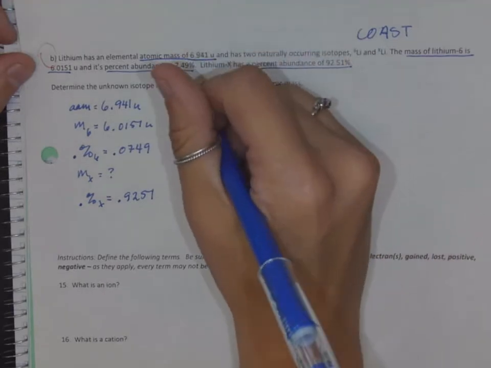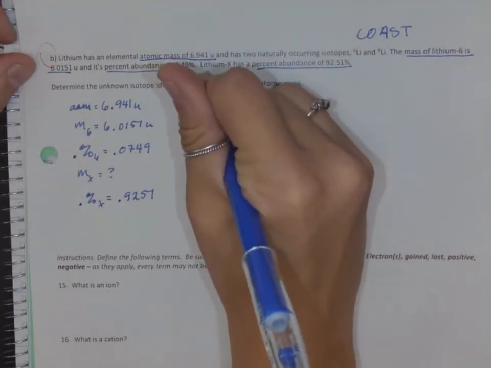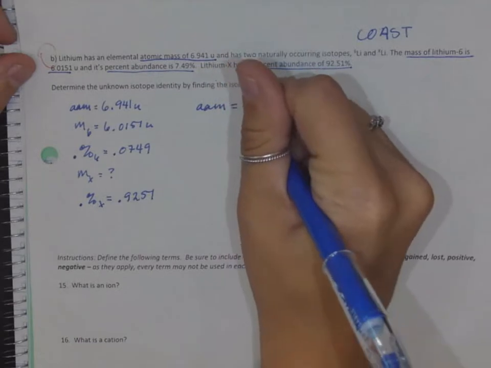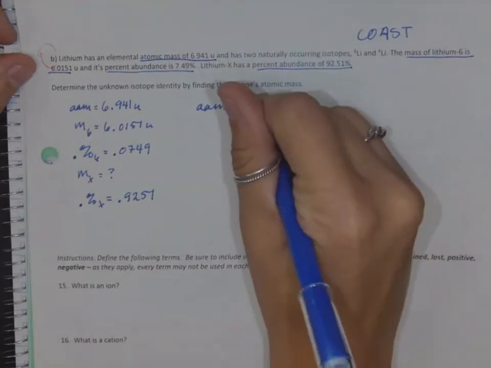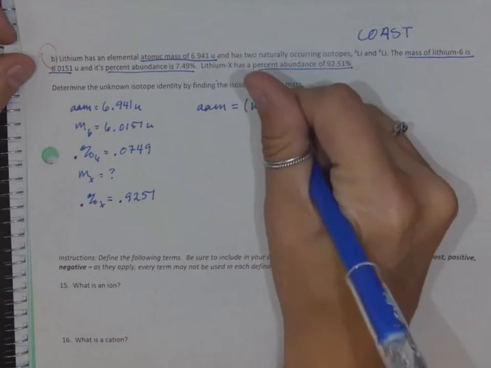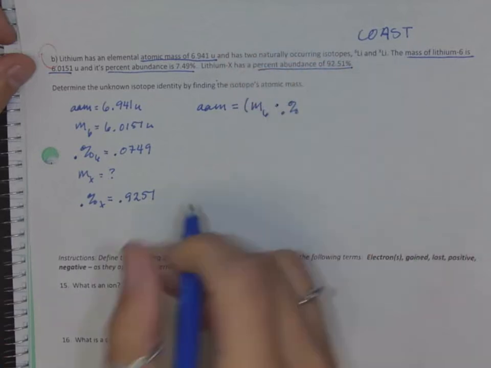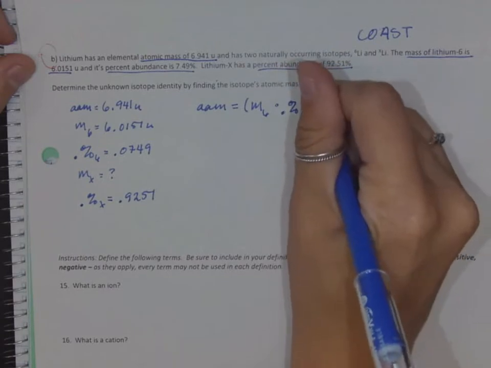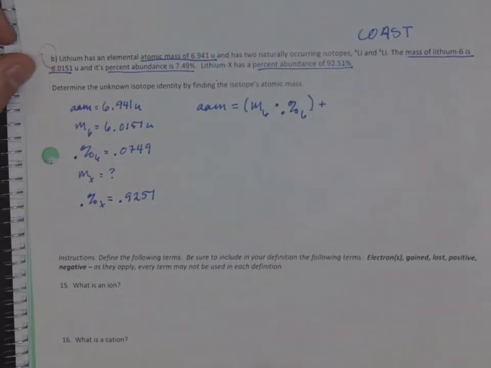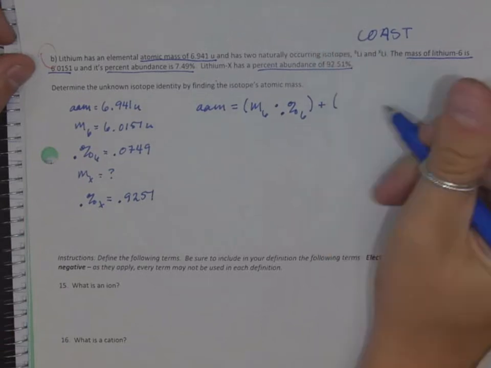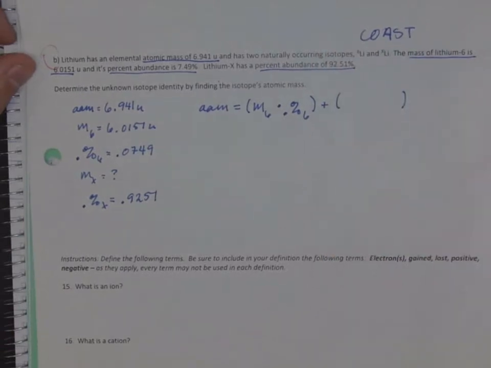equation. So you're going to need to know that average atomic mass is going to equal the mass of one of the isotopes, like the mass of 6, multiplied by the decimal form of the percent abundance for 6, and you're going to add that to however many isotopes there are. So since we only have 2 isotopes, there's only one more parentheses that we're adding here.